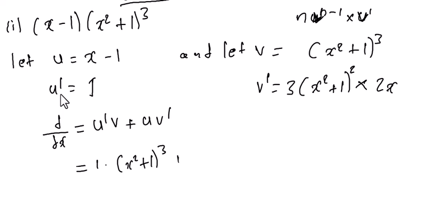Then plus, let me just put multiplication here, we have our u, which is x minus 1, then multiplied by our v prime.